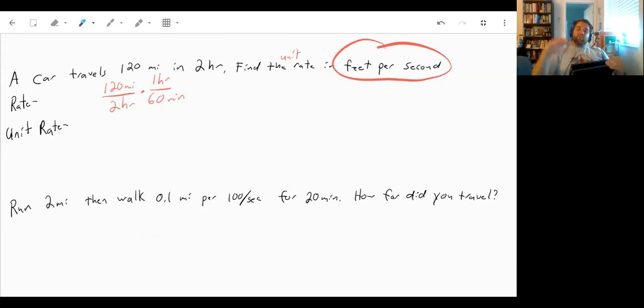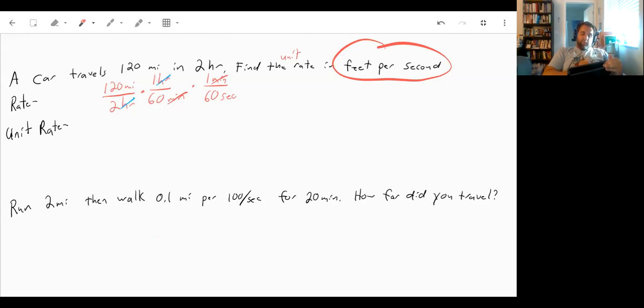But what we need to do is watch the diagonal. So we have 2 hours on the bottom left and now 1 hour on the top right. Because that's across the diagonal, we can cancel our units. So our hours here can cancel with our hours here. Then we can convert from our minutes to our seconds, because we also know that 1 minute is equal to 60 seconds. And that will let us cancel our minutes.